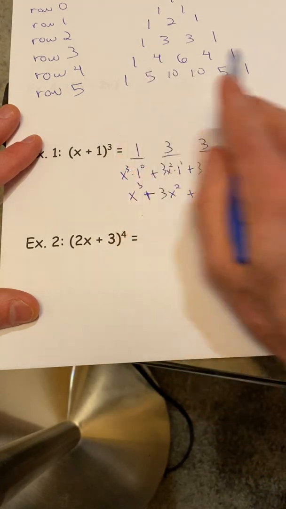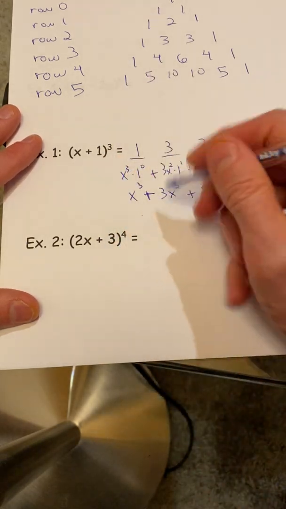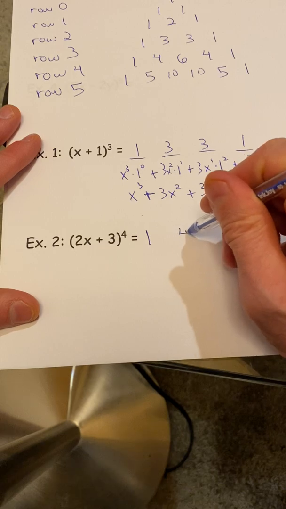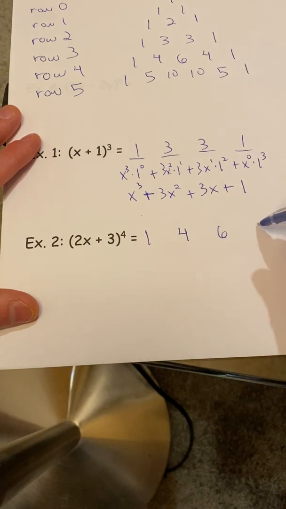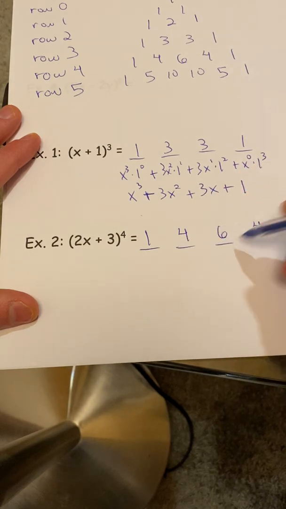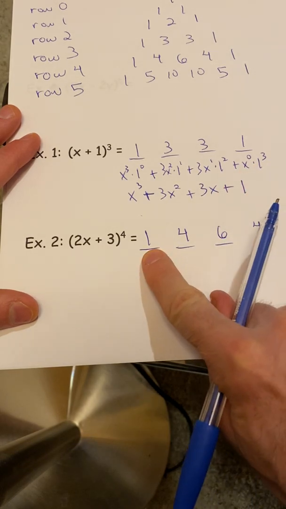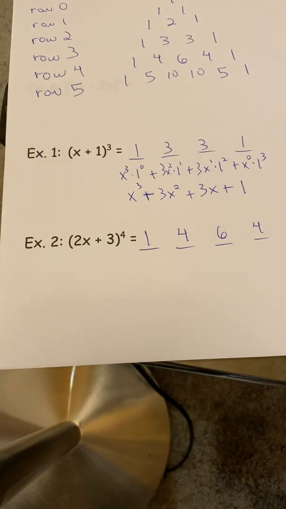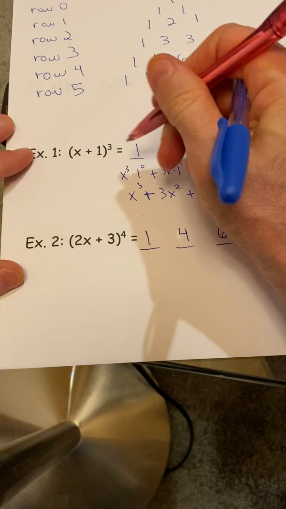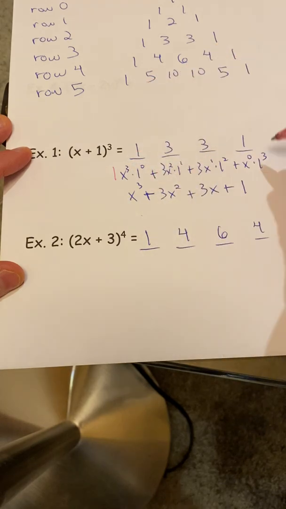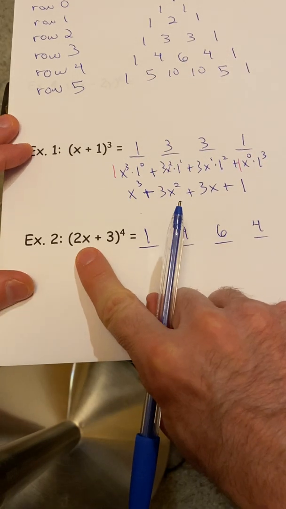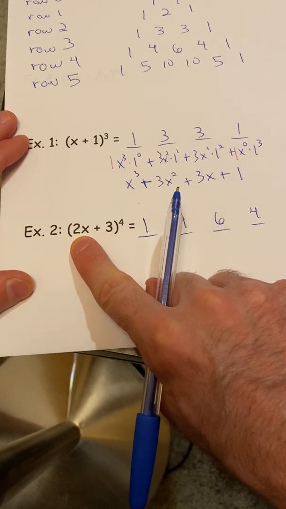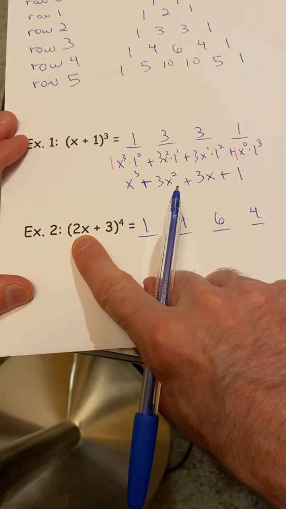So if it's row 4 or to the fourth, I'm going to do 1, 4, 6, 4, and 1. Now, again, these are the coefficients to start. It's up to you, especially when there is a 1, that's this one, that's this one. You don't necessarily need to write those now. When there are coefficients of x, or your variable, that's where you do have to be a little careful.